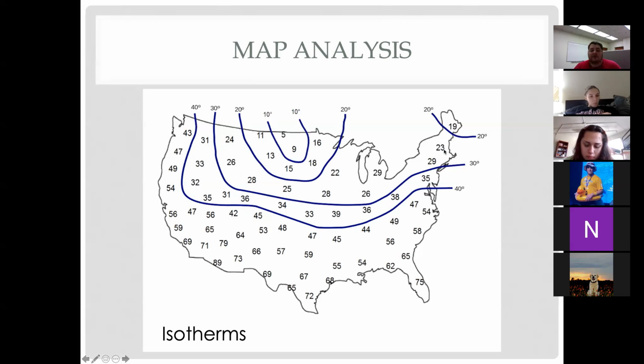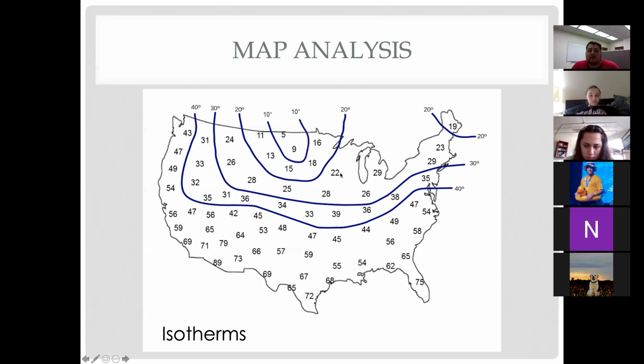As you can see, sometimes these isotherms can stretch a long way across the country. Then the next, you see 30, which divides the temperatures in the 20s from the temperatures in the 30s, and the same thing with the 40s. Depending on how close a temperature is to the isotherm determines the position of the isotherm.